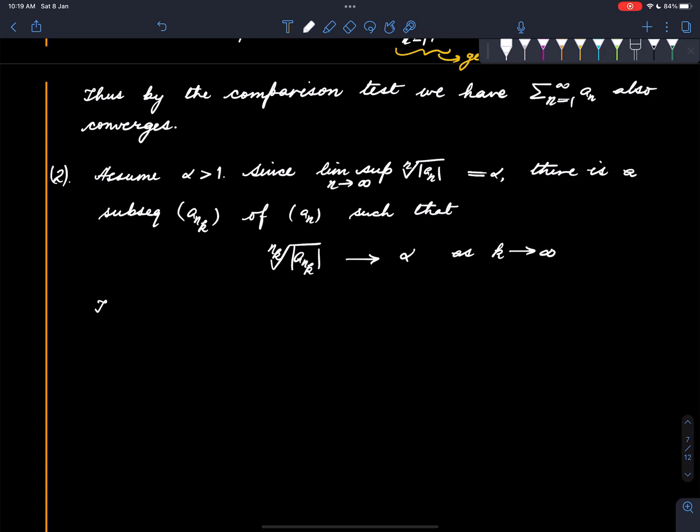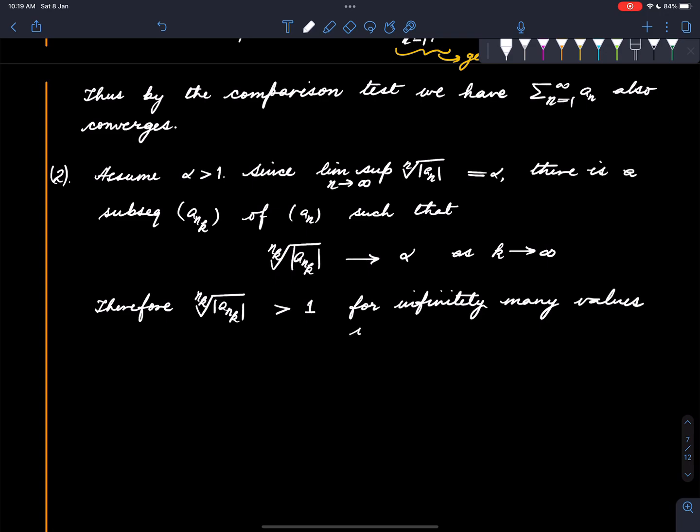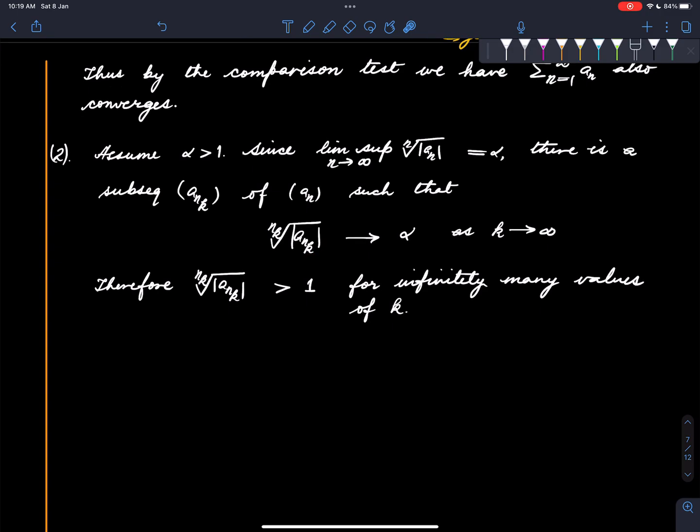So therefore, this guy is greater than 1 for infinitely many values of k. Since alpha is greater than 1 and this thing converges to something greater than 1, this thing should eventually become greater than 1. And that's what we've written.